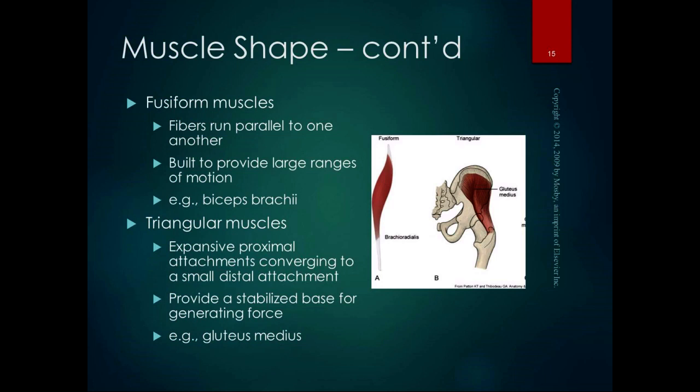It attaches all along the iliac crest, and then all of the fibers go down into a pretty small insertion on the greater trochanter. They're generating force because the gluteus medius is really important in our balance and our walking, that sort of thing. I like to say all muscles are important, but some are more important than others. The gluteus medius is a muscle that is frequently addressed in a physical therapy setting.